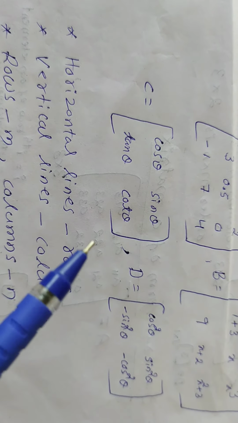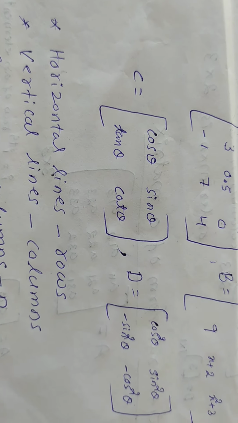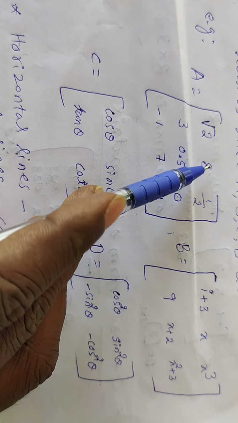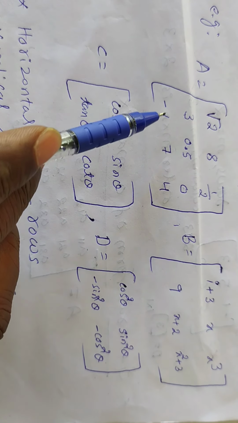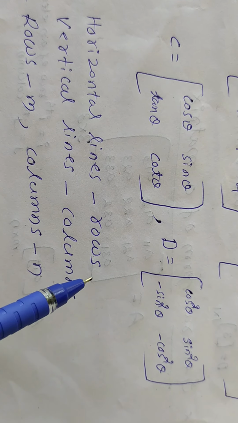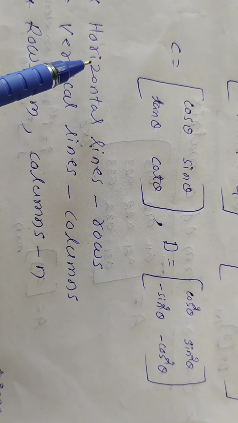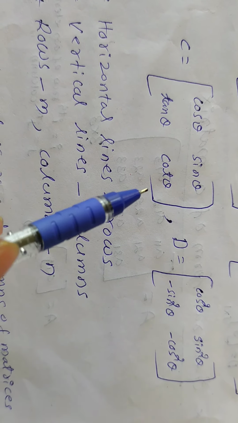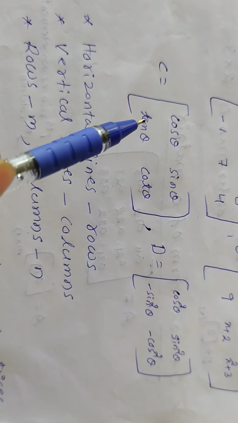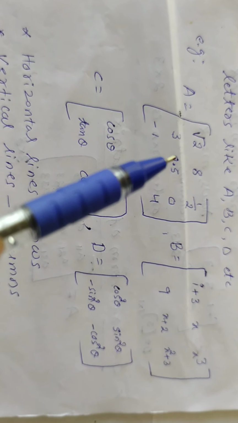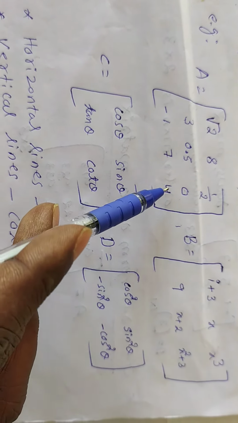And here, the horizontal lines are called rows. The horizontal lines are called rows.